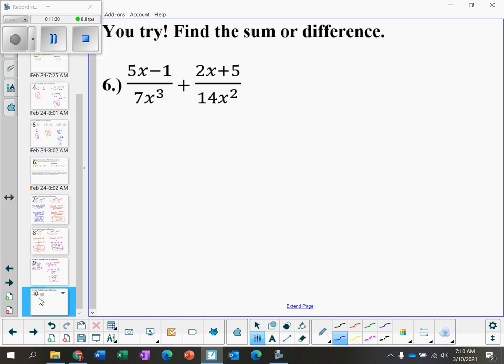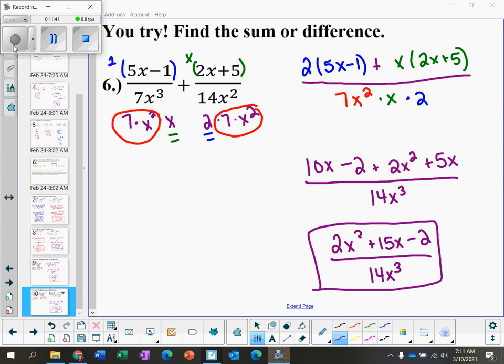So you go ahead and try this very last one, pause it, and I will show the answer. Okay, so in the denominators, we had 7x to the third, so that's really 7x squared times x. We had 14x squared, that's really 2 times 7 times x squared. So both of them had 7x squared.